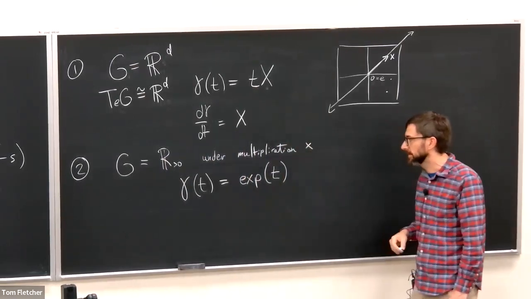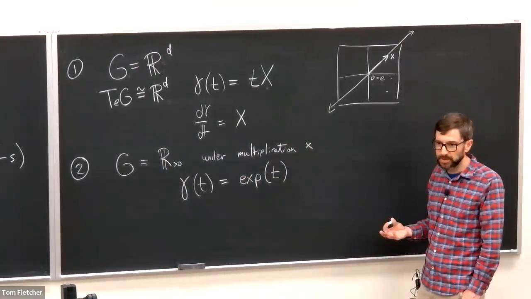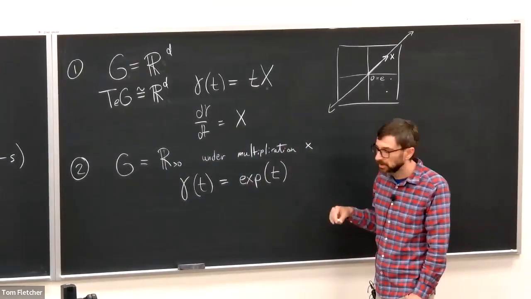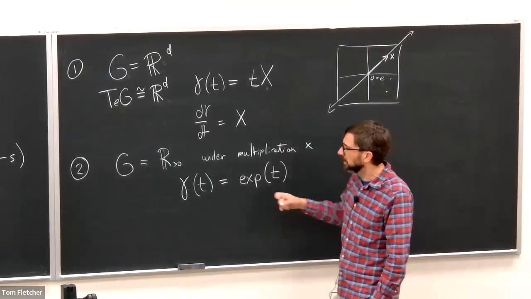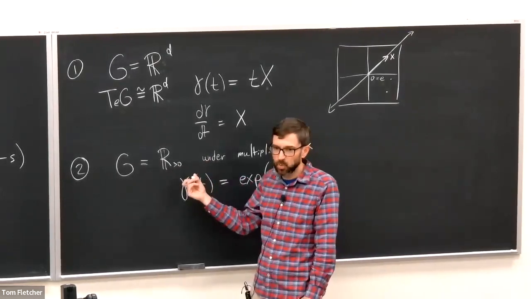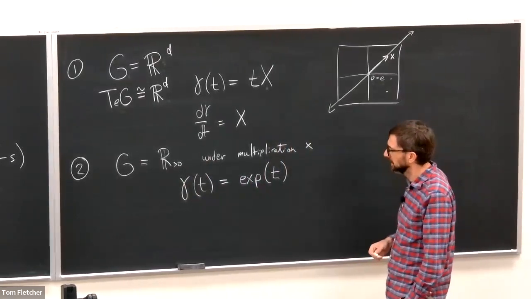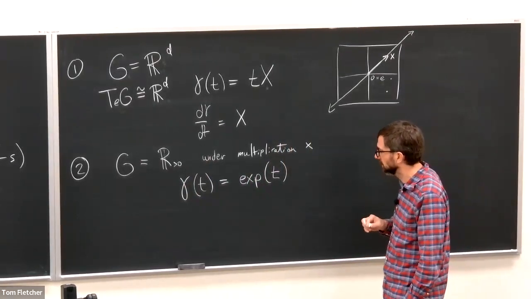So this is the homomorphism we talked about last time, and this is a one parameter subgroup. And of course, the output group is also just one dimensional. But this is an example because this will be interesting later.